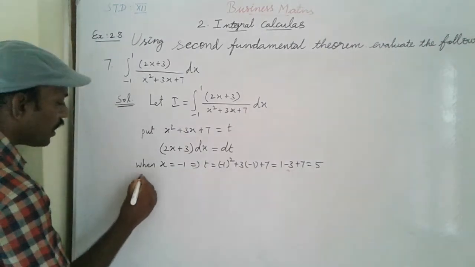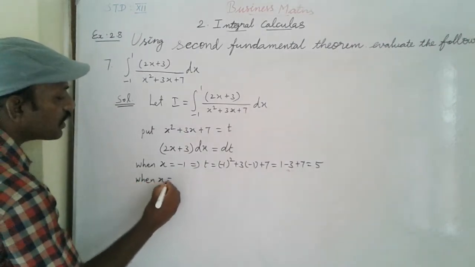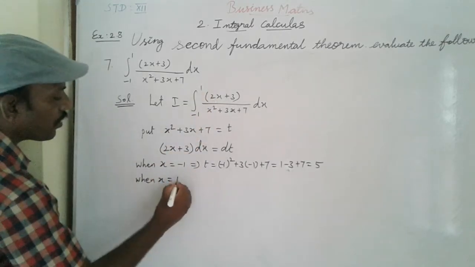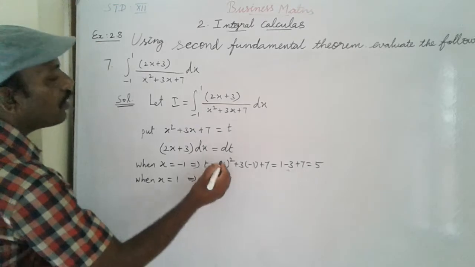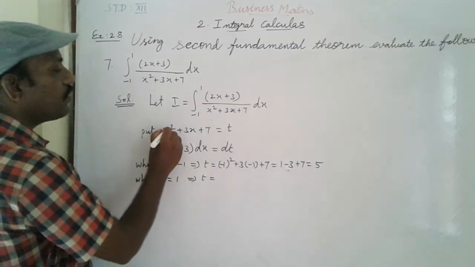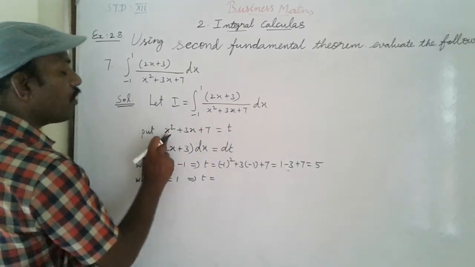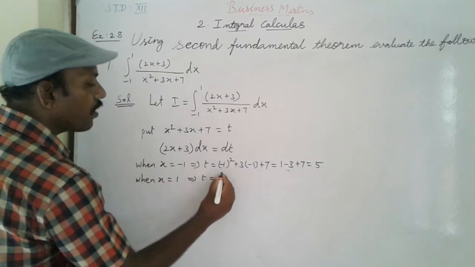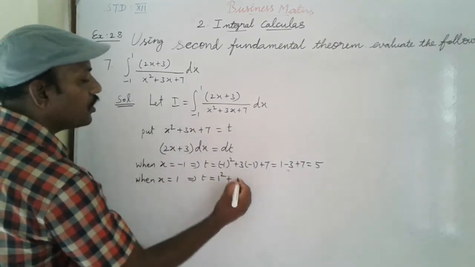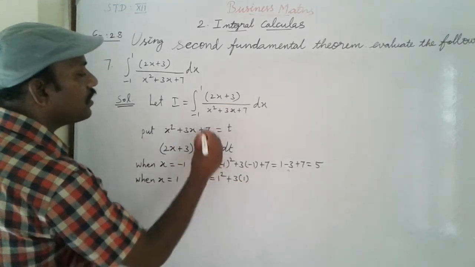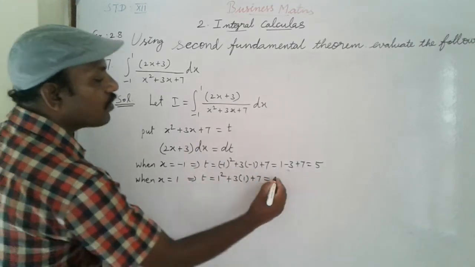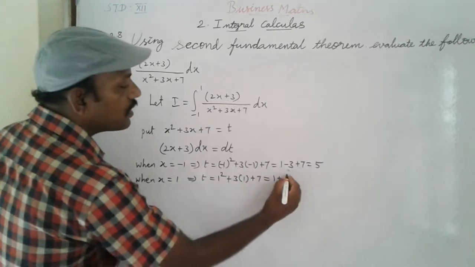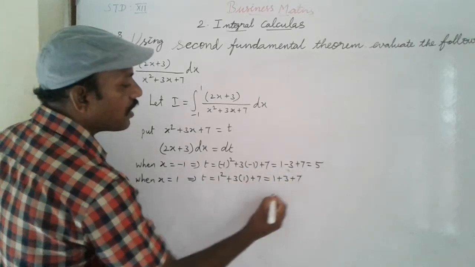Next, when x equal to, what is the second limit, 1, then t equal to, substitute x value 1: 1 square plus 3 into x value 1 plus 7. 1 square is 1, 3 ones are 3, plus 7.